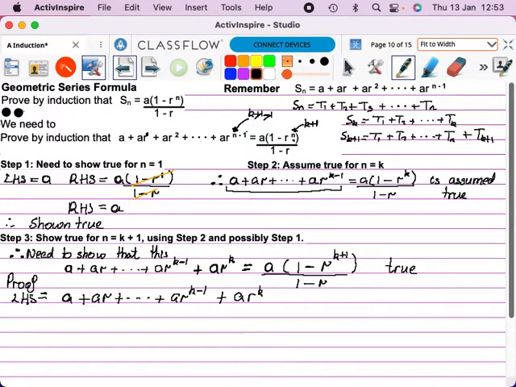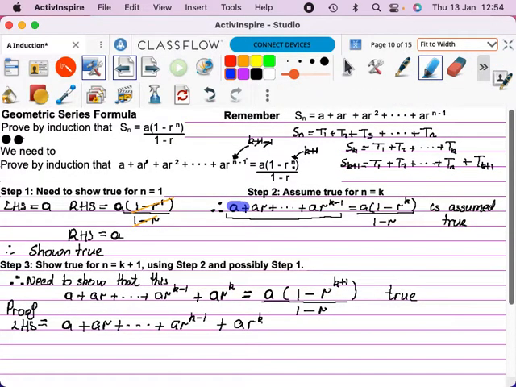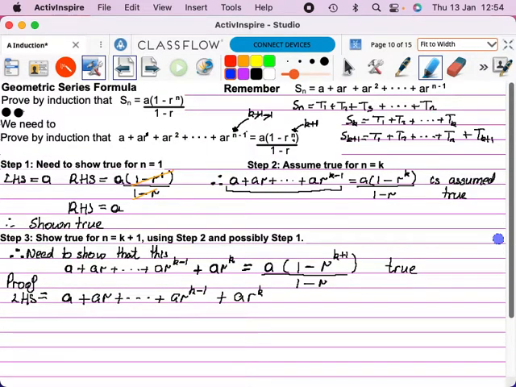So this is when the highlighter pen comes out. So I'm highlighting up here what step 2 actually says. And what step 2 actually says is that this thing here, up to the k minus 1, can be replaced by this, because we're assuming that the left-hand side up here is equal to this right-hand side.